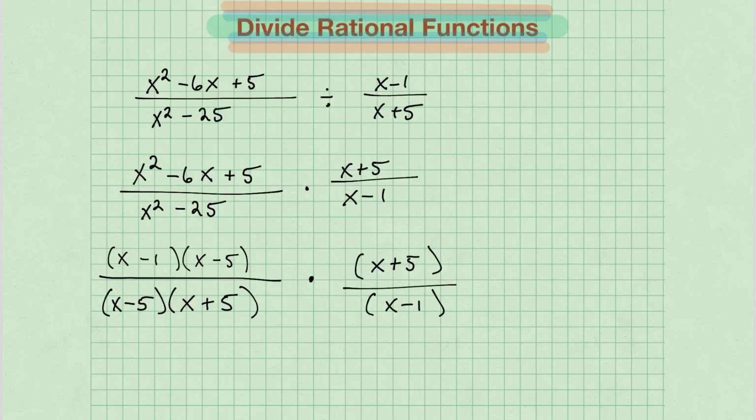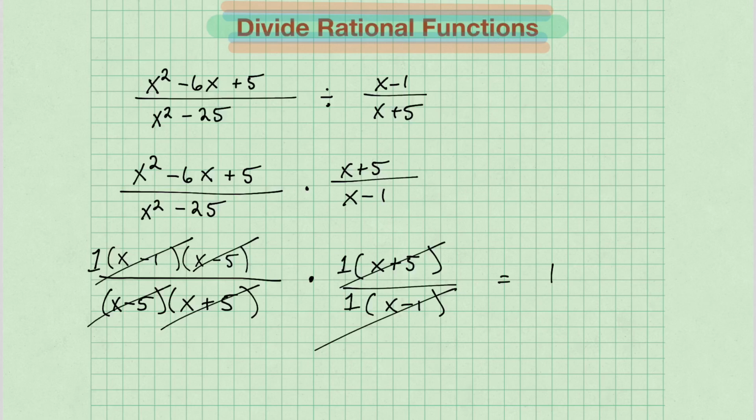Now for the final step, all we're going to do is cancel like expressions. So we have an x minus 5 and x minus 5. We have an x plus 5 and an x plus 5. An x minus 1 and an x minus 1. So it looks like everything's canceled out, which means that our answer is 1. Why is our answer 1? Because if you think about it, there's an invisible 1 in front of everything.